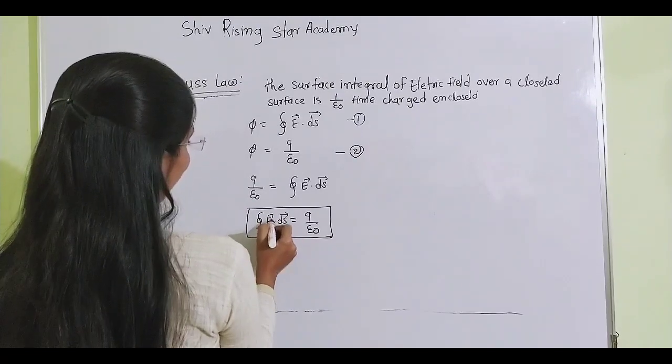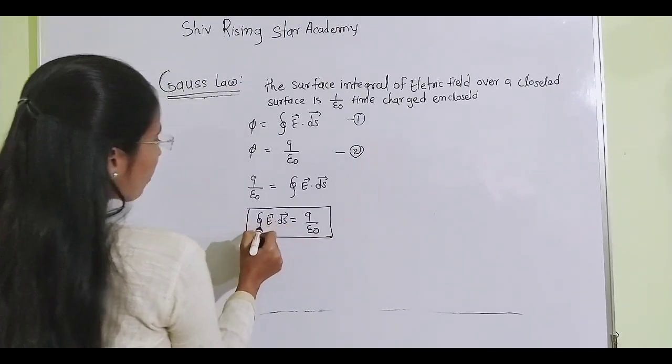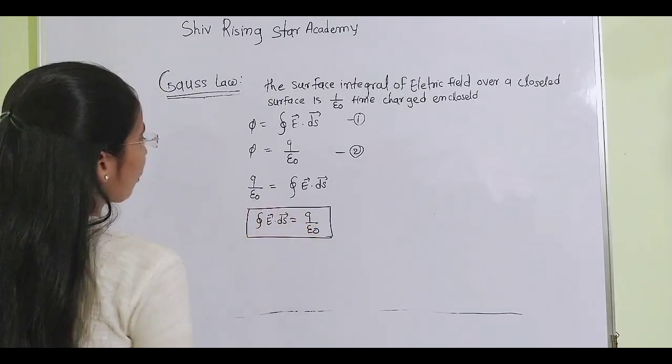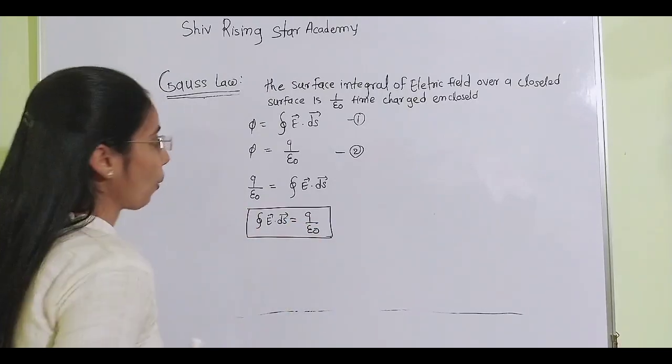So integral E bar dot ds bar is equal to Q by epsilon naught. This is the Gauss law.